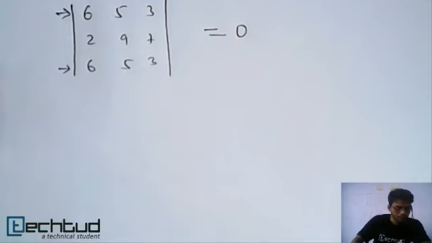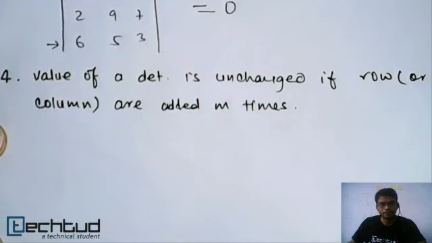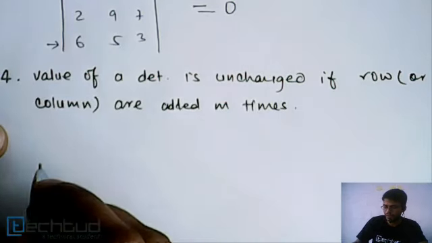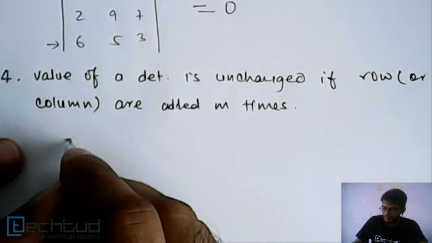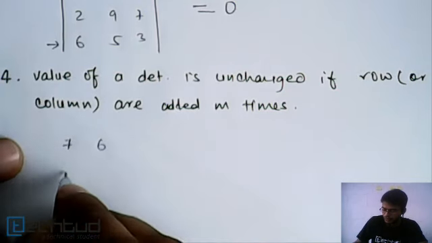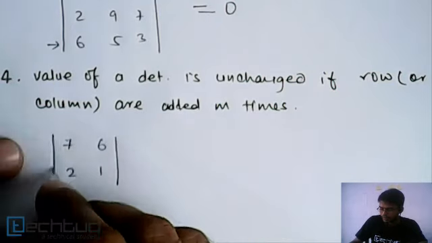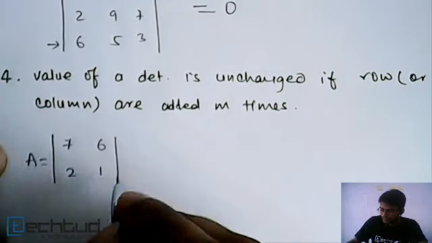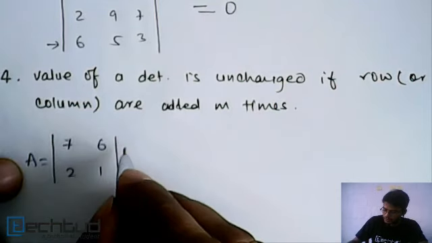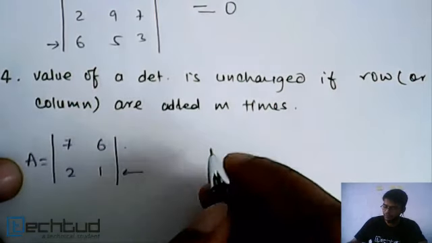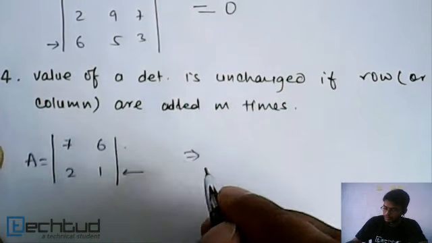Okay, so the next property is, if a row or a column of a determinant is added multiple times to another row or column, the value of the determinant will be unchanged. So what I want to say is, if we have a determinant 7 6 2 1, now what we do is we just add the second row to the first row, for example 2 times. So what will be the determinant now?